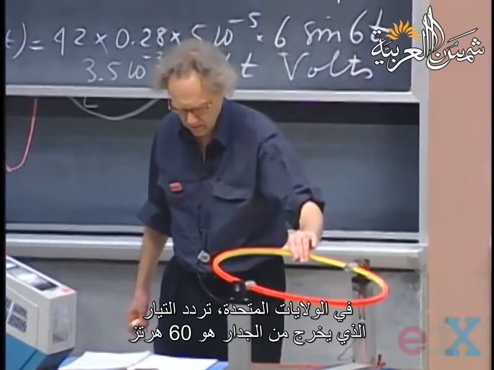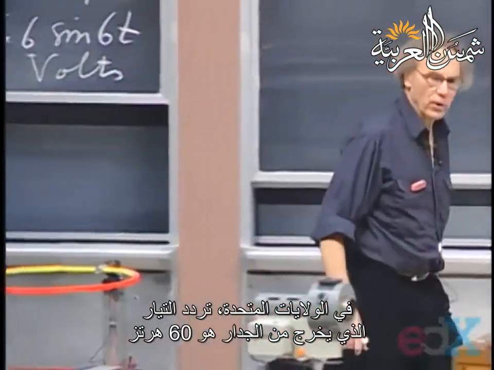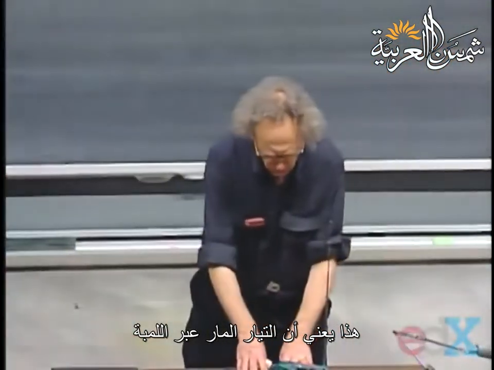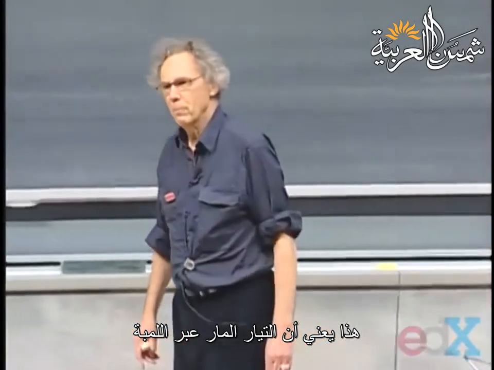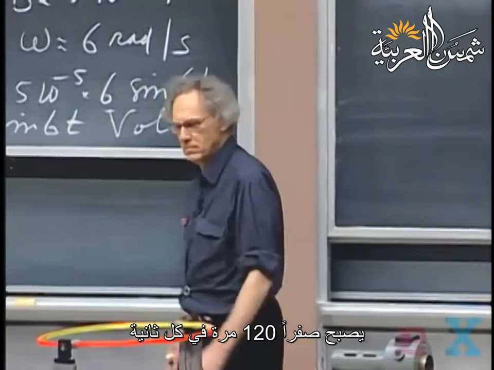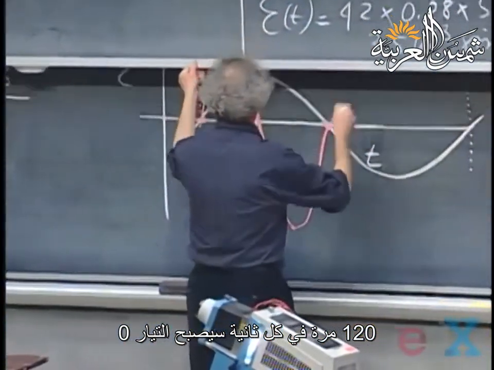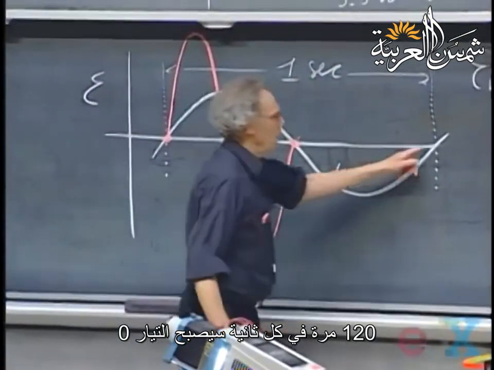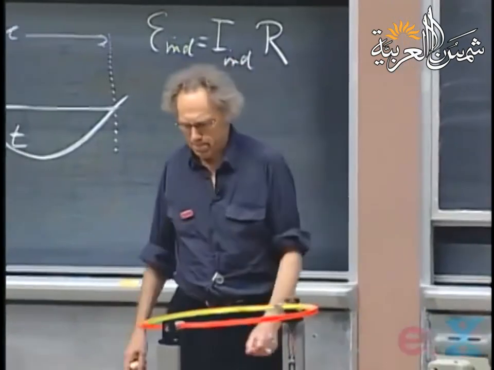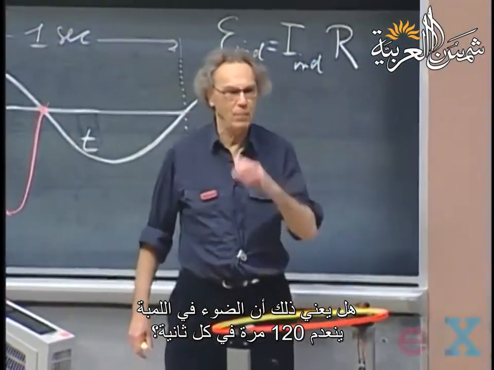In the United States, what comes out of the wall is 60 hertz. So that means that the current through a light bulb becomes 0 120 times per second. Does it mean that 120 times per second there is no light from the light bulb?